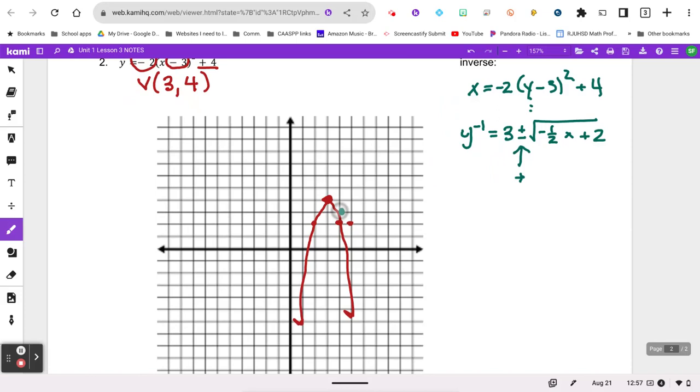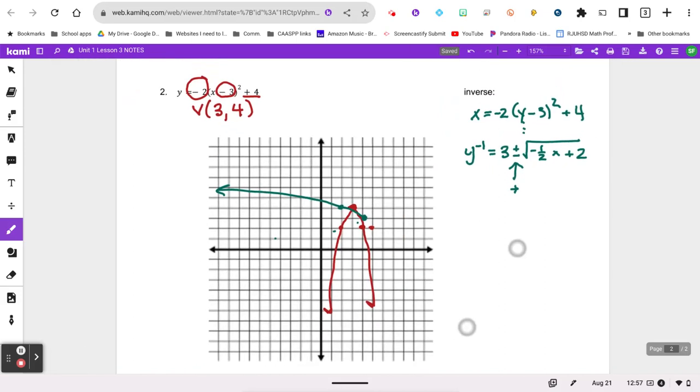So it's going to be right here. Our next one is going to be 2, right there, and it's going to keep going up. And if I wrote the other one down here, that would not pass the vertical line test.